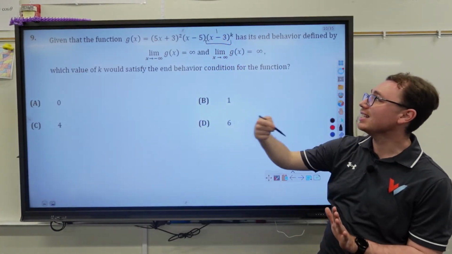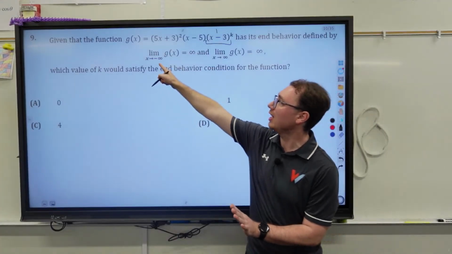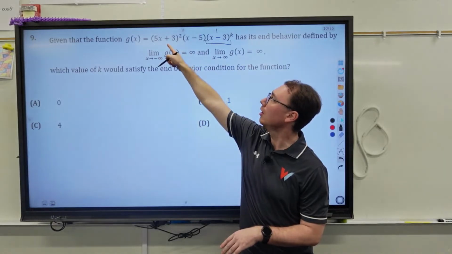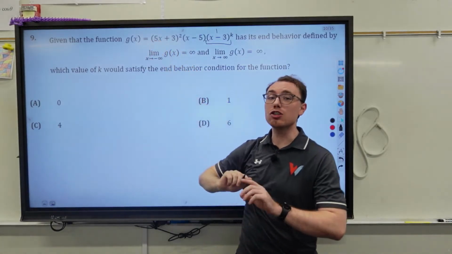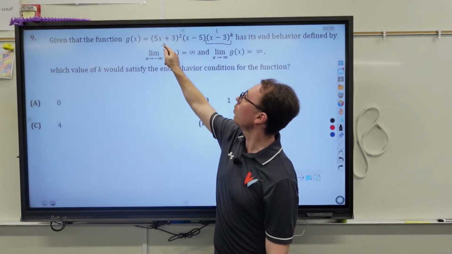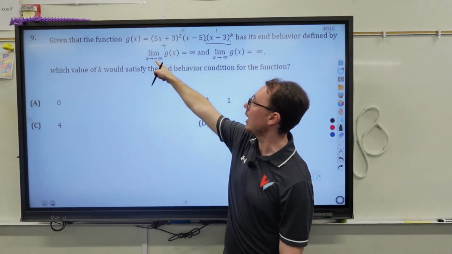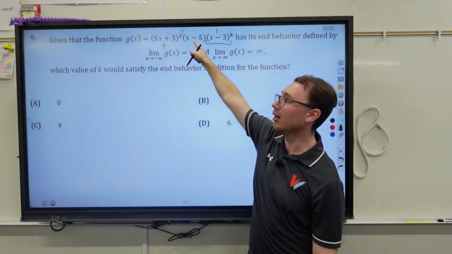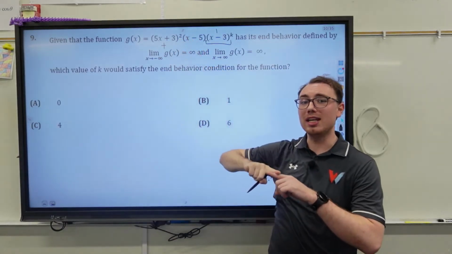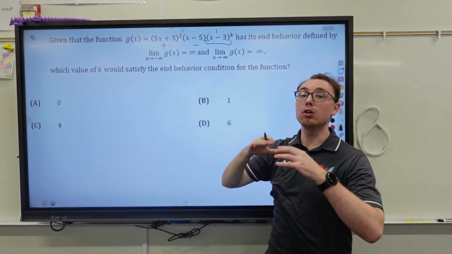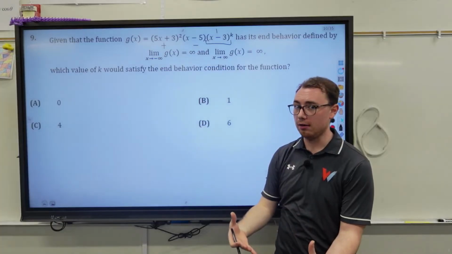Now, if x is increasing without bound in the negative direction here, this term here for this negative x is always going to become positive. So we know that this would become positive in the negative direction here because it's being squared. But for this term here, as x increases in the negative direction, this inner term becomes a larger and larger negative.